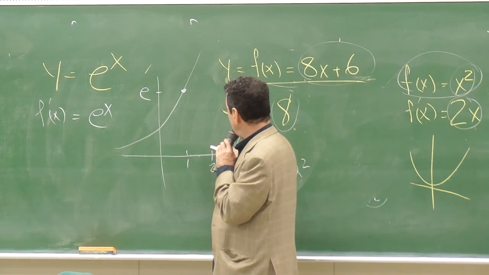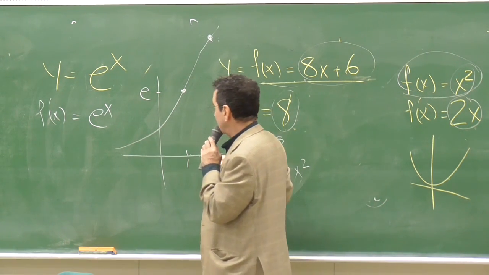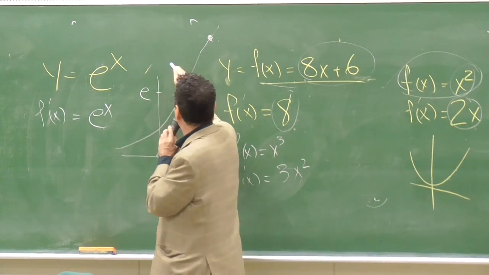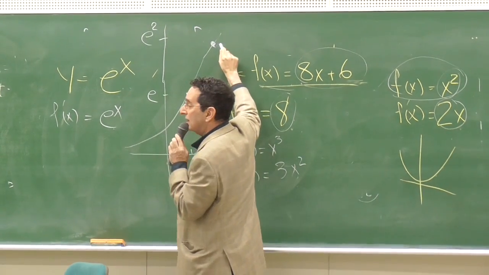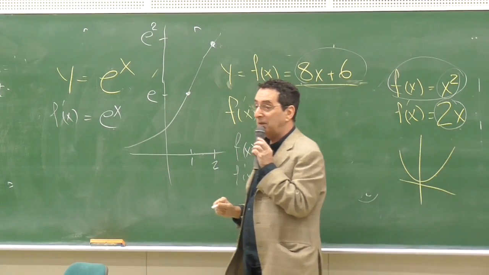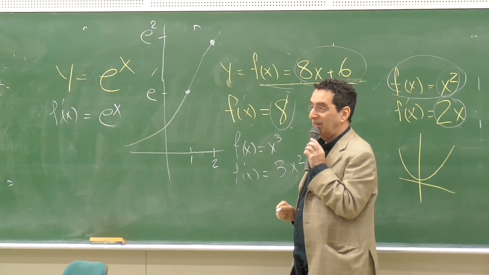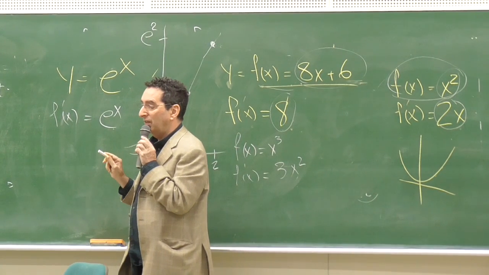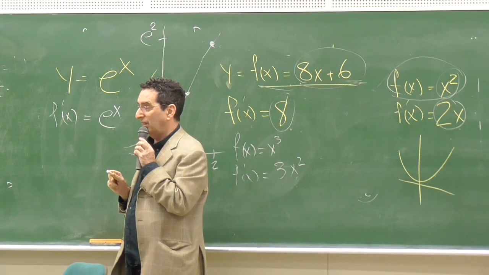How about here? What's the height here? If x is 2, this is e squared, right? The height is e squared. If I want to know the slope here, it turns out that it's also e squared. That's kind of weird, but it's true. This is the only function that has this situation, where the derivative is the same as the function itself.